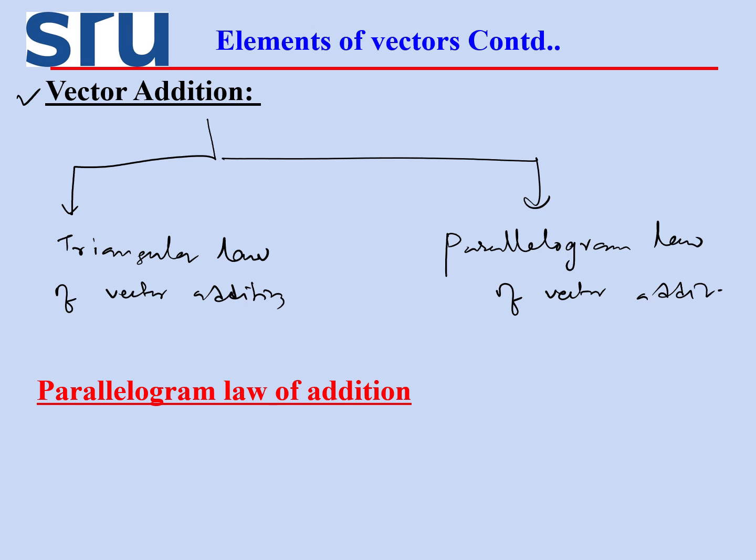Vector addition obeys two laws. One is the commutative law: A plus B equals B plus A. And the associative law: A plus B plus C is equal to A plus B plus C.